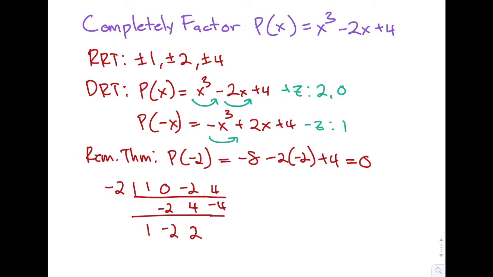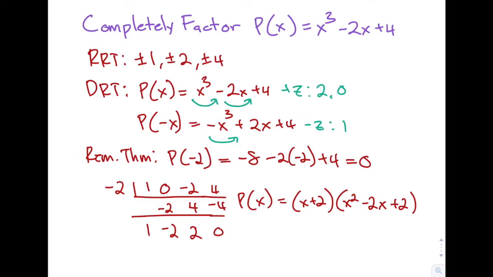And so we have 4 minus 4, which is 0. So this tells us that we can factor out the term x plus 2, and we're left with x squared minus 2x plus 2.